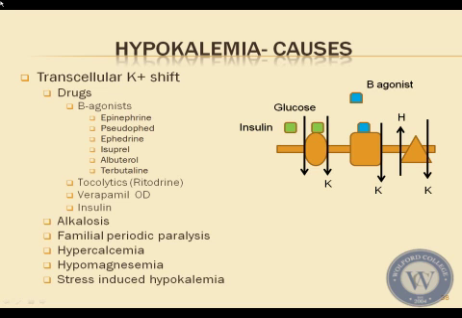If you look at it more closely, it could be atrial fibrillation, which is very commonly associated with hypokalemia. The other reasons you develop hypokalemia include a rapid loss in sodium, such as in diseases like familial periodic paralysis. Where you see it is hypercalcemia, hypomagnesemia, and things like stress-induced hypokalemia may also occur.